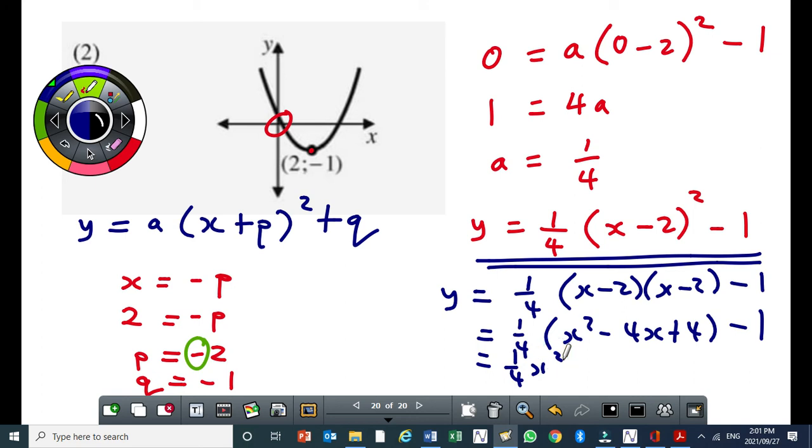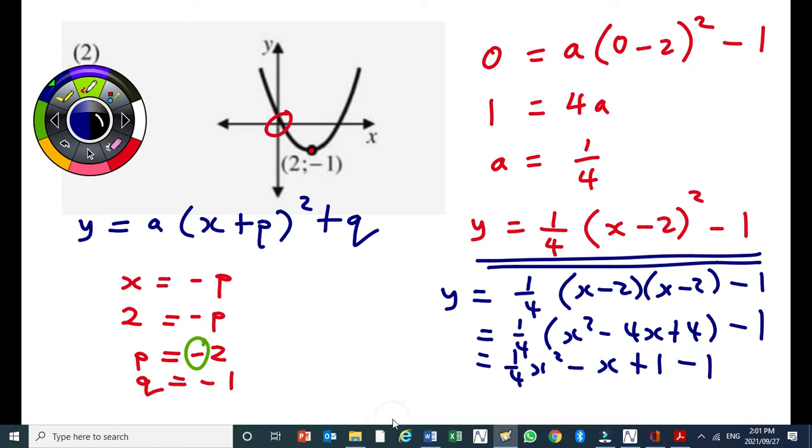So you get 1 over 4 x squared minus x plus 1 minus 1. Now this is quite interesting because we're going to get an equation which will be a quarter x squared minus x. Let me underline it. This will be the equation: a quarter x squared minus x.